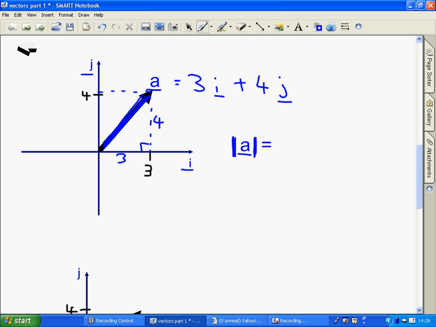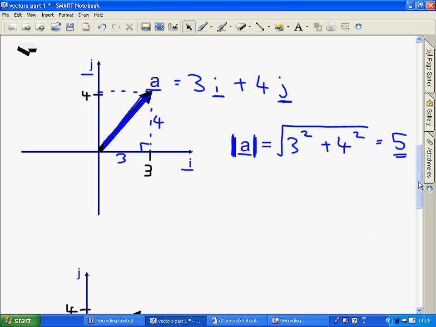We can see that we would square 3, we would square 4, and square root the answer to get the magnitude of the vector, which in this case is 5. So these two lines here mean the magnitude or size of the vector, and we can split the vector into component parts i and j.